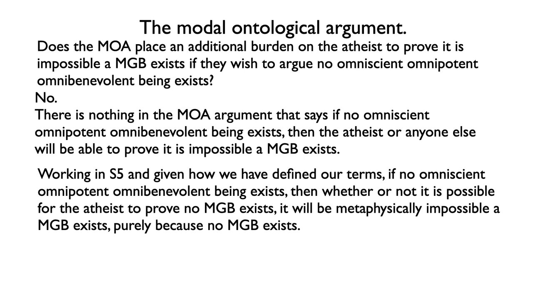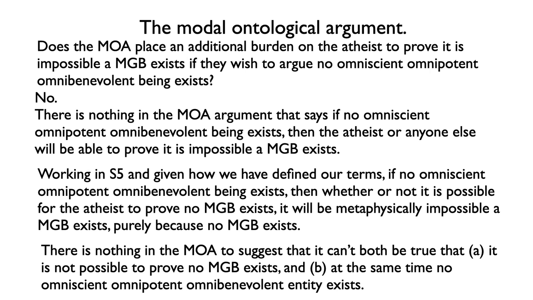Working in S5, and given how we have defined our terms, if no omniscient, omnipotent, omnibenevolent being exists, then whether or not it is possible for the atheist to prove no max great being exists, it will be metaphysically impossible a max great being exists purely because no max great being exists, and because of the way we've defined our terms and because we're working in S5.